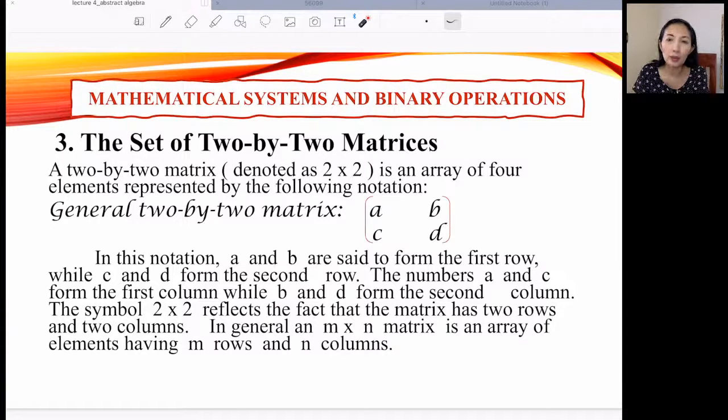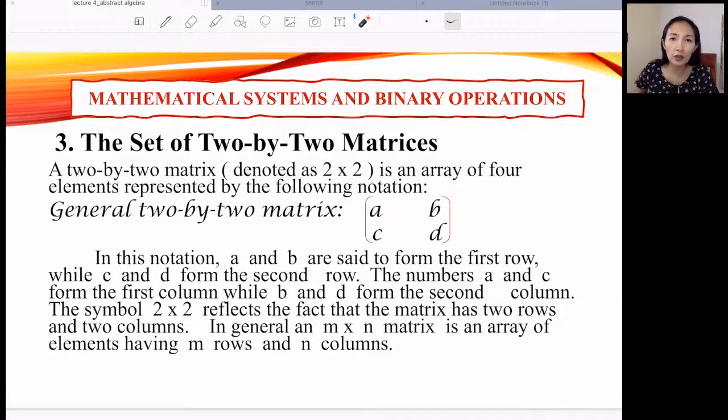And we looked into the set of the integers modulo m, and we discussed the two operations on the set of integers modulo m, addition modulo m and multiplication modulo m, and we were able to verify that these operations are binary operations on that set.